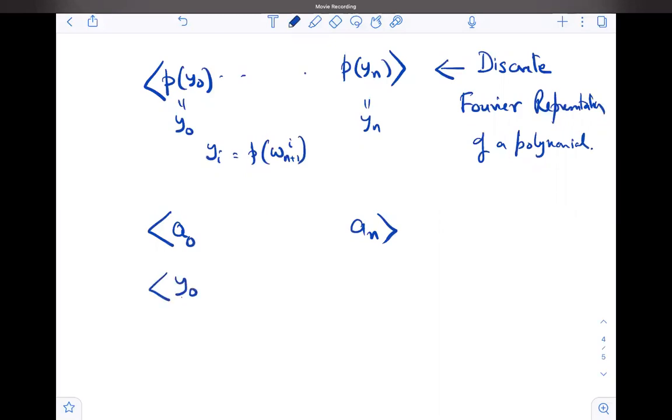How do you move between these two things quickly? Of course, an order n square algorithm is there. You can move between a coefficient representation and any evaluation representation in order n square. But now we are talking about an evaluation representation of a particular kind, right?